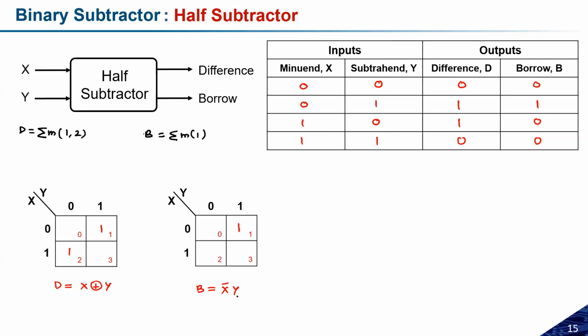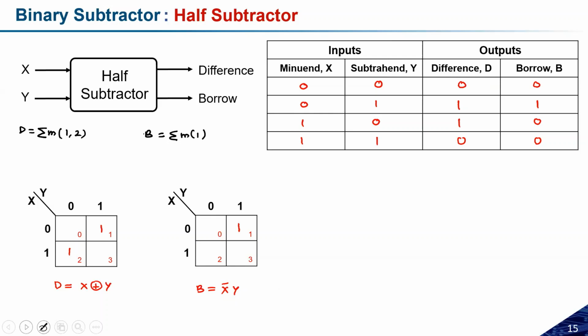If you can recall, in the half adder the carry was xy, but here we are getting x bar y. Okay, so how will it work, let us see.